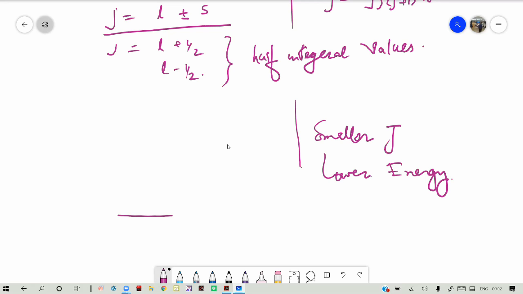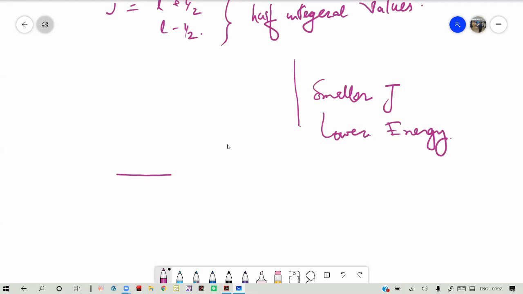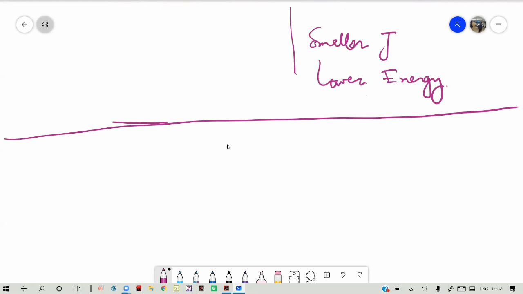corresponds to lower energy. What I am saying is that, for example, I will give an example. I think you will understand from an example. Let us consider an example of 4p 4d electrons under JJ coupling.